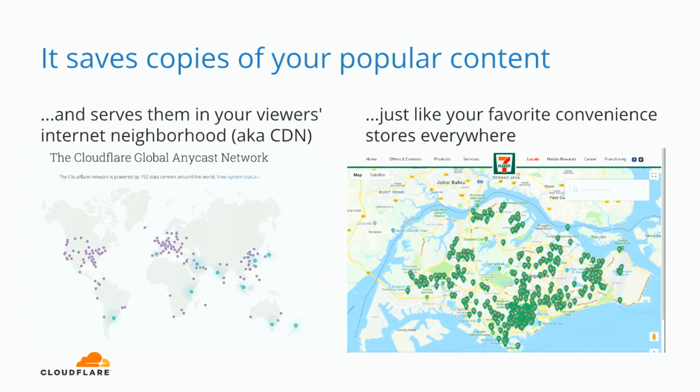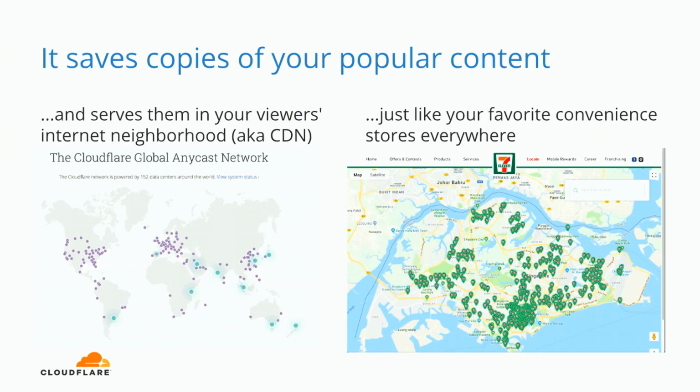What it also means is that we can save copies of your assets, meaning your images, videos, audio files, or CSS files, on one or all of our locations, depending on where your visitors come from. In layman's terms, it's like serving the content in your viewers' internet neighborhood. The technical term for that is CDN, Content Distribution Network, and you will probably hear that term more and more as I go on.